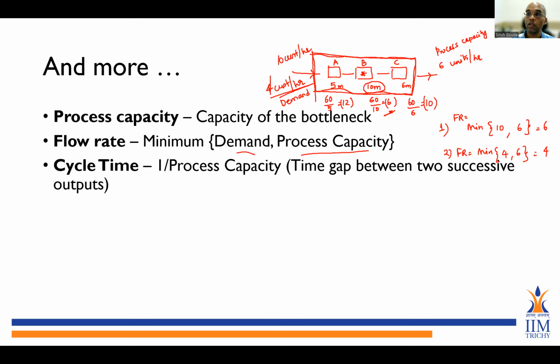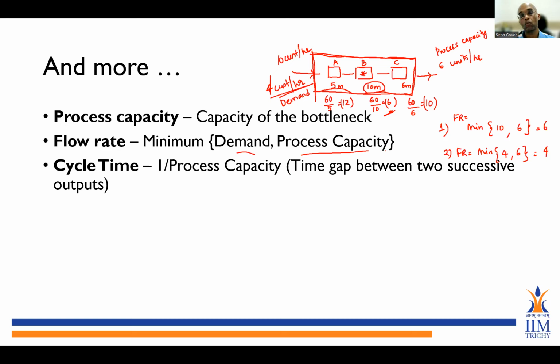The next important metric that we talk about is this concept called cycle time. Now, the cycle time can also be calculated as 1 by processing capacity, or process capacity, or it can also be considered as the time gap between 2 successive outputs which are coming in.